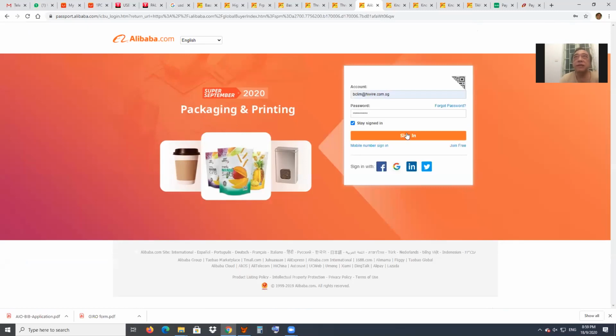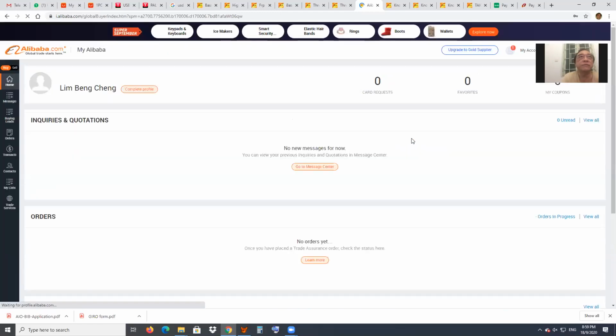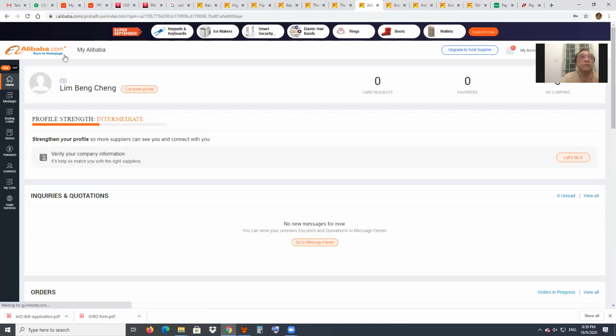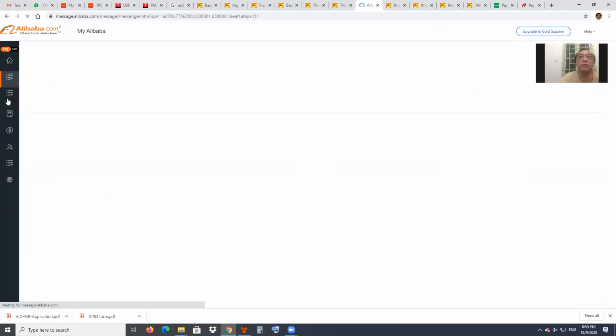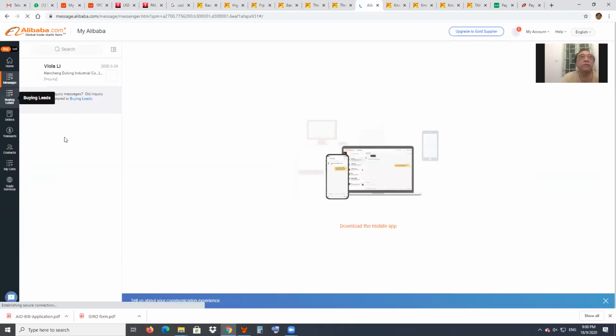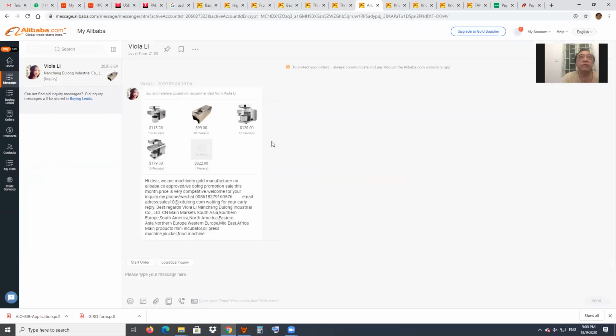Some I click stay signed in, they still log me out. Okay, so when you are in Alibaba, they have all these messages, but I don't correspond with them, so you normally don't see any message. So when you make a query, then the message will be here.